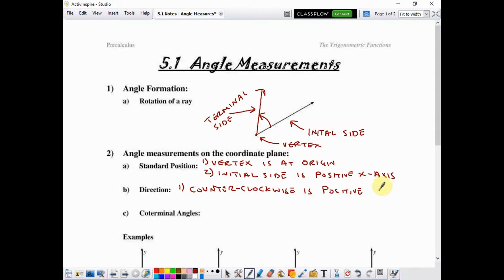So a positive angle starts on the positive x-axis and rotates that way, counterclockwise. Clockwise is a negative angle. So if an angle measure is negative, it starts on the positive x-axis and rotates that way.